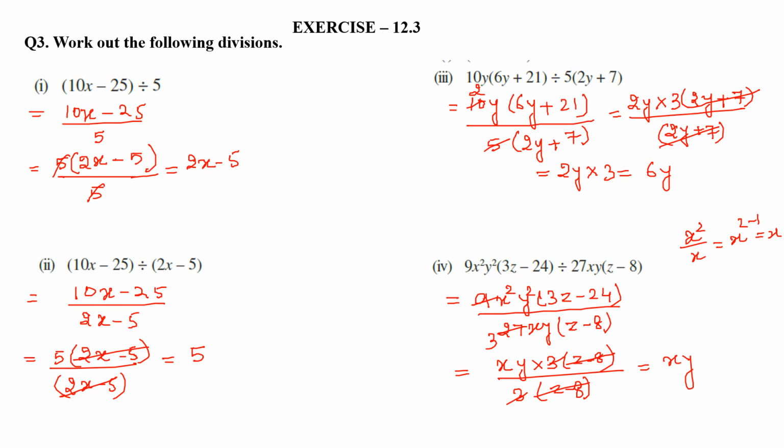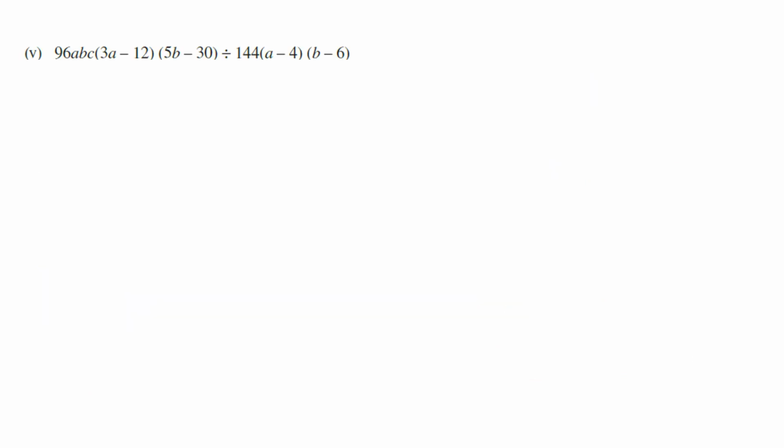Now I'm moving to the next question. The fifth question: 96 ABC times 3A minus 12 into 5B minus 30, divided by 144 times A minus 4 into B minus 6. So let me write this in numerator and denominator form.